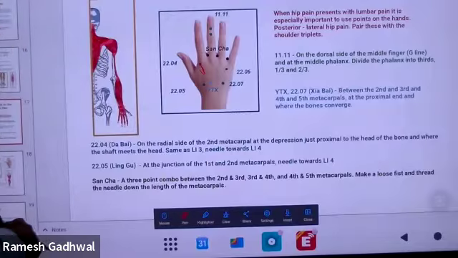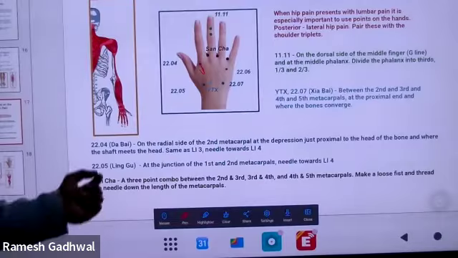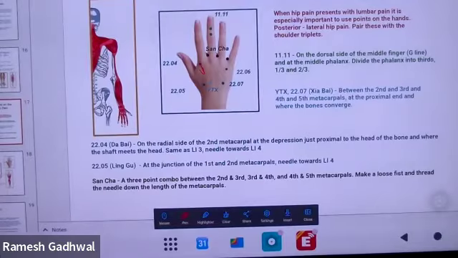Then 22.05 at the junction of the first and second metacarpals, needling towards Li4. Same, just the same. A 3-point combo between the second and third, fourth and fifth metacarpals.